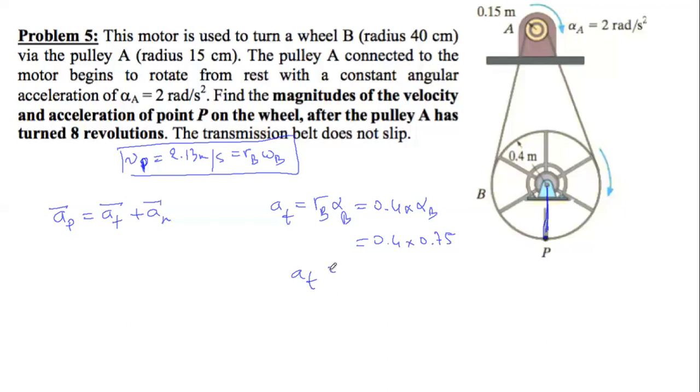What is the tangential acceleration? You do the calculation and you will find that the tangential acceleration is 0.3 meters per second squared. That's the tangential acceleration here. It will be in this direction. What about the normal acceleration? The magnitude of the normal acceleration is omega squared r.